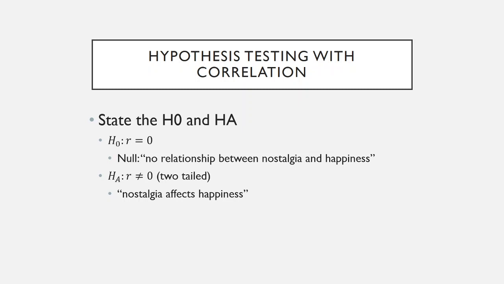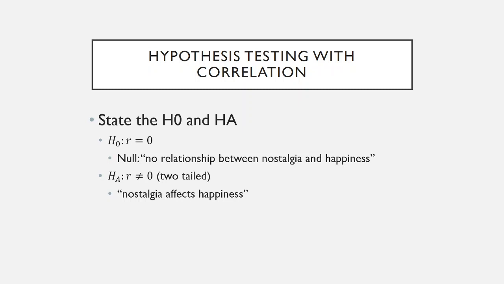If I was predicting that nostalgia will affect happiness or be associated with happiness, because I might think that possibly people who are more nostalgic are happier, but I also think it would be interesting if people who are nostalgic were less happy, maybe because they're thinking too much about things that are not true about their lives anymore. I might want to do this two-tailed approach. That opens the door to either find a positive or negative relationship between those variables.